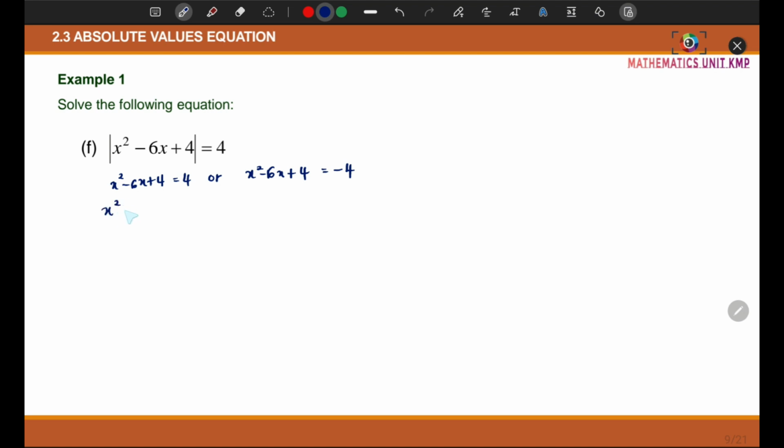So we have x squared minus 6x and 4 minus 4 equal to 0. So factorize this expression. So we have x times x minus 6 equal to 0. Both terms have x, so we just put x outside the bracket. So now we have two values, x equal to 0 and x equal to 6.